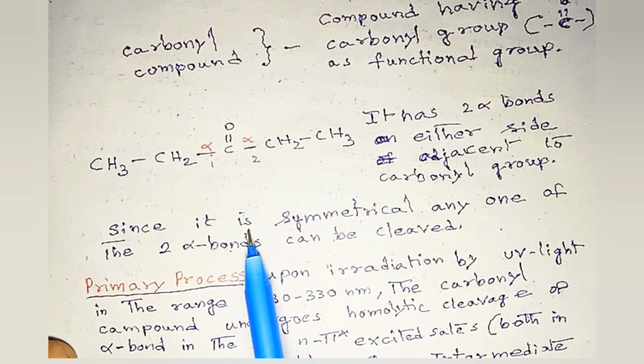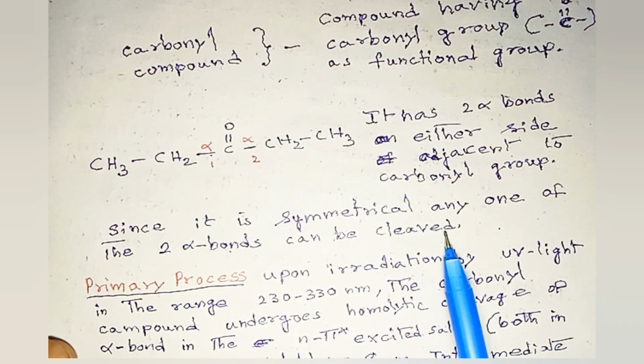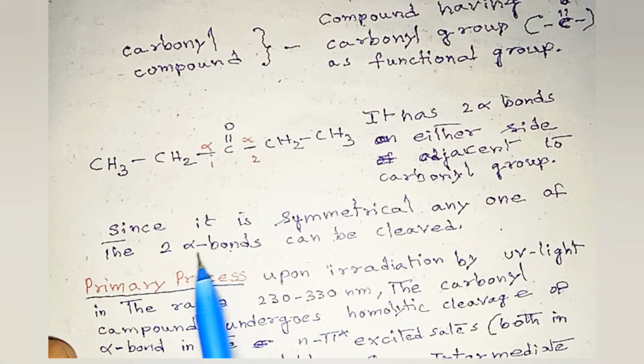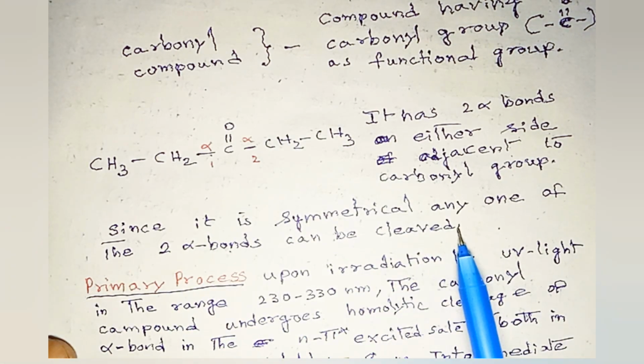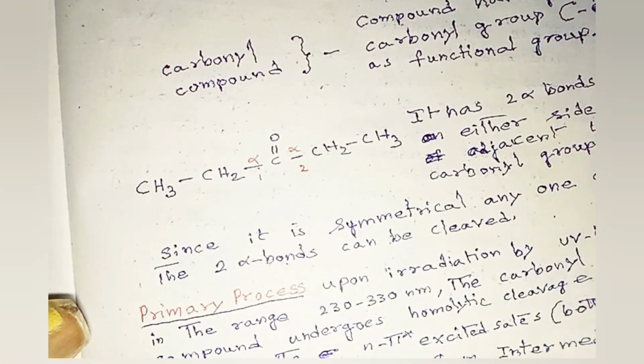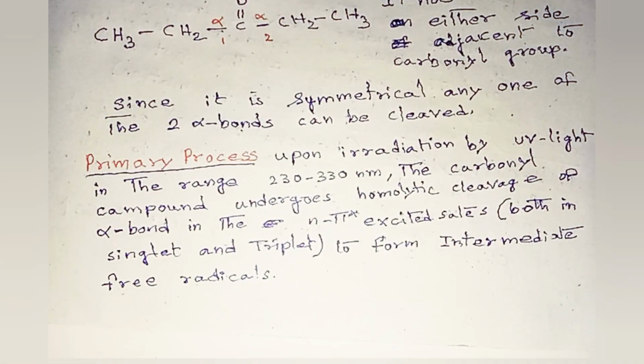Since it is symmetrical, any one of the 2 alpha bonds can be cleaved. So let's see the primary process.